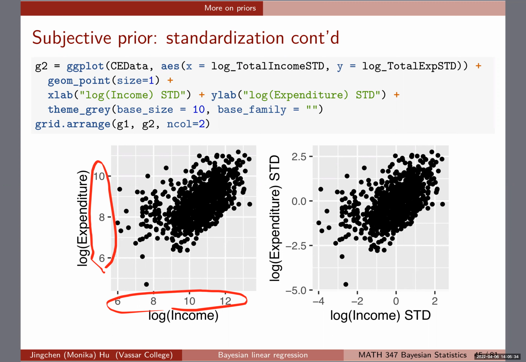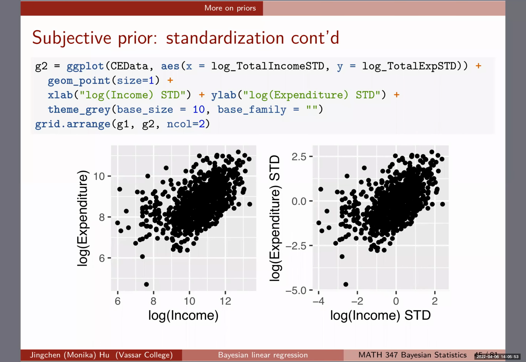Once you do standardization, things are usually centered around 0, going up and down between 2 or 4 or 5-ish. So that's the main change, I would say. Once we do standardization, things are a little bit easier to interpret.